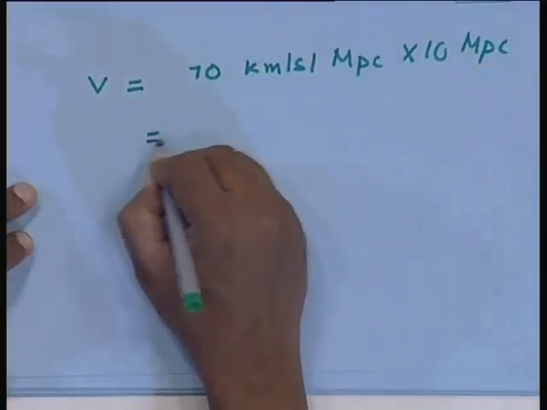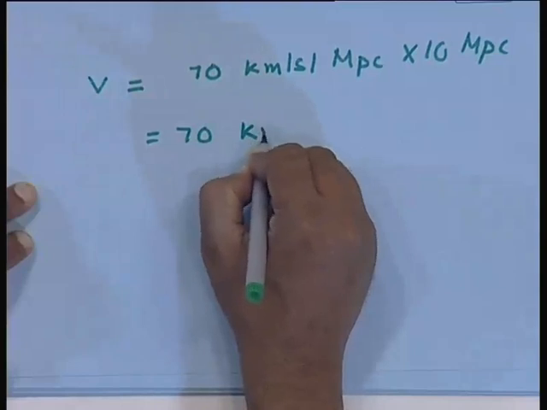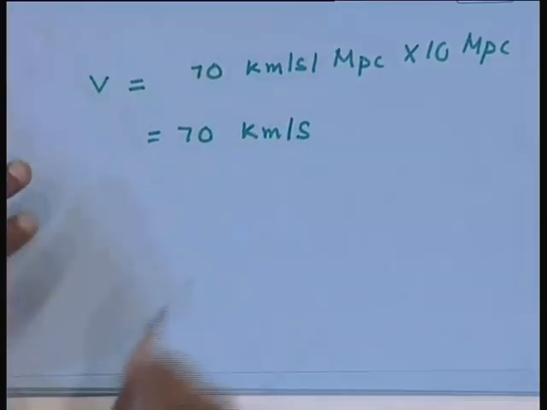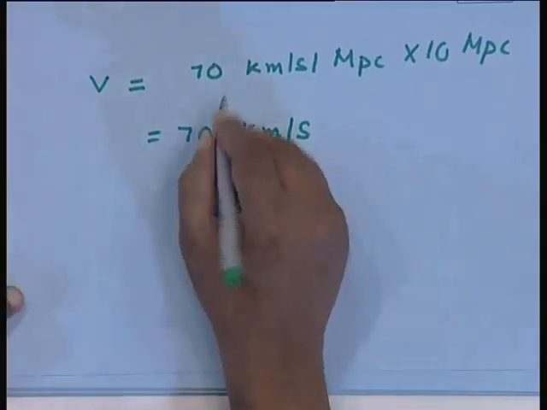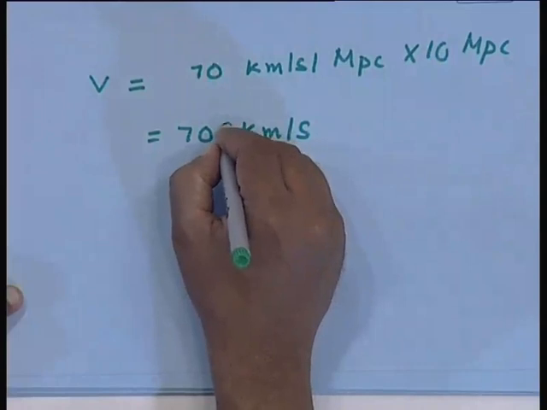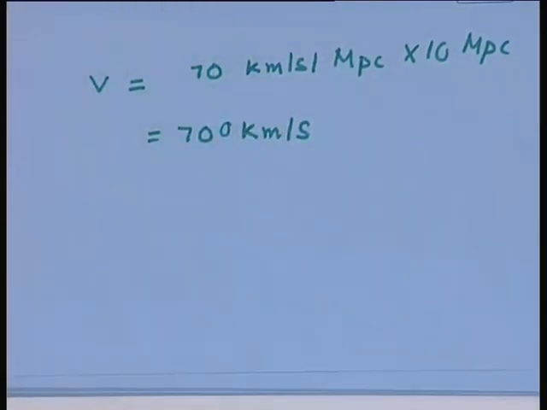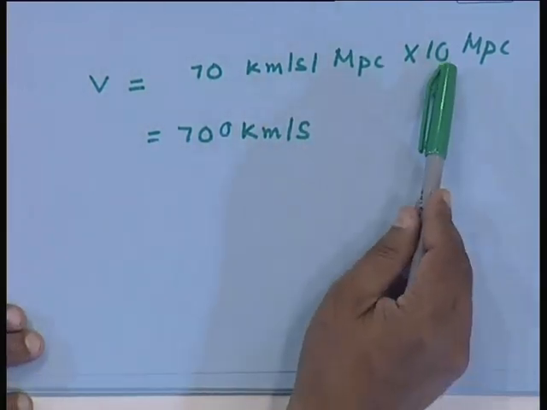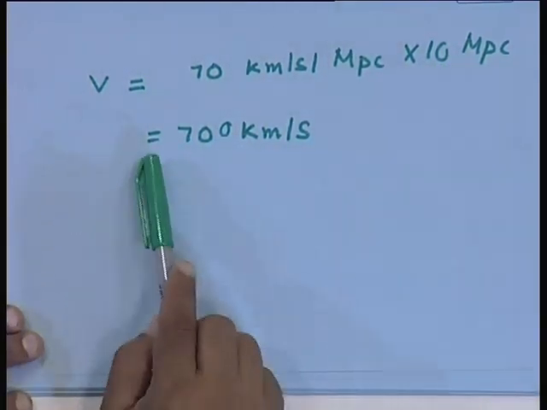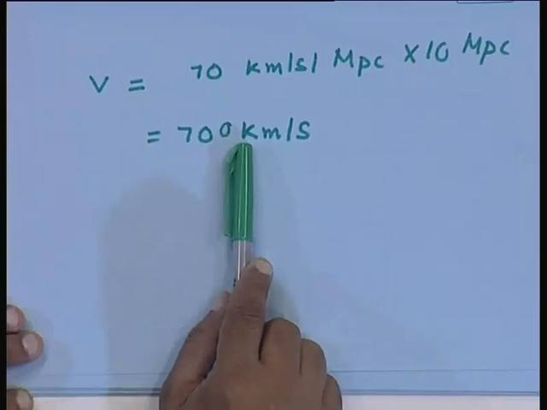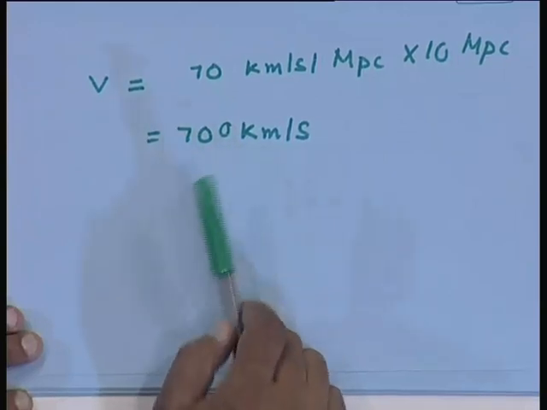So, that gives us 700 kilometers per second, radially outwards. A galaxy at a distance of 20 megaparsec, we expect to be moving away from us at 1400 kilometers per second, and so forth.